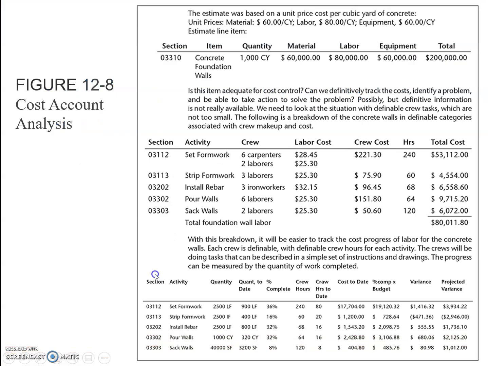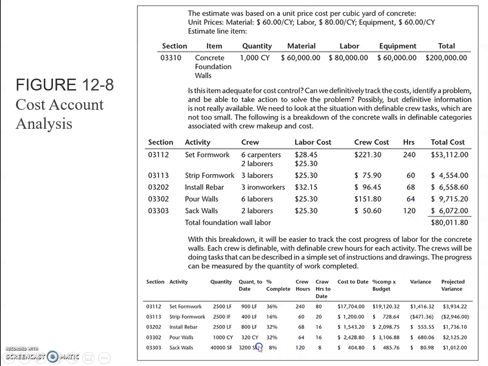So here is a cost account analysis example that has been shown over here. This cost account analysis, as we can see, shows the crew cost, labor cost for different activity items and their total cost, and the number of hours spent is also shown over here.